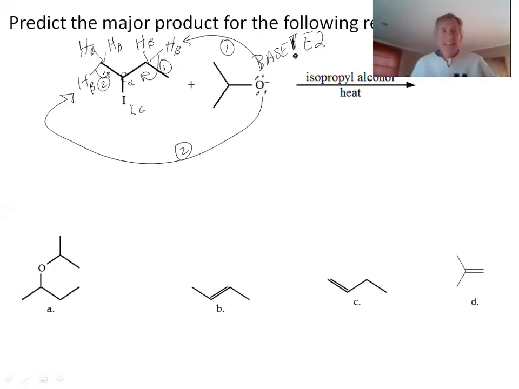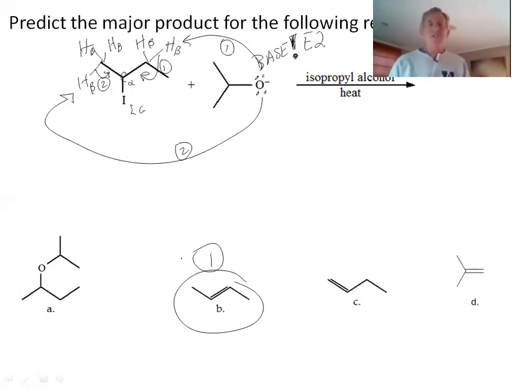All right. So I can get 2 possible products. If I do reaction 1 and pull off the beta proton from 1, then I will get B. B comes from reaction number 1.